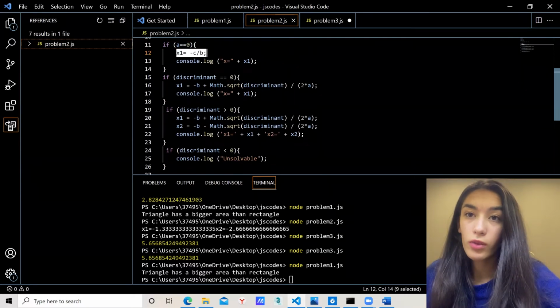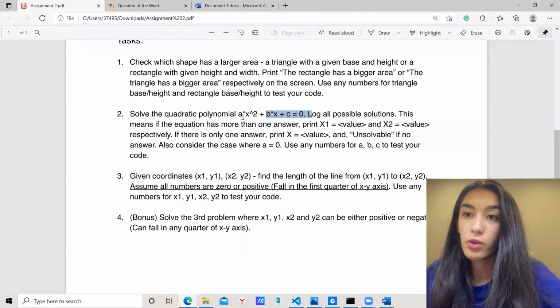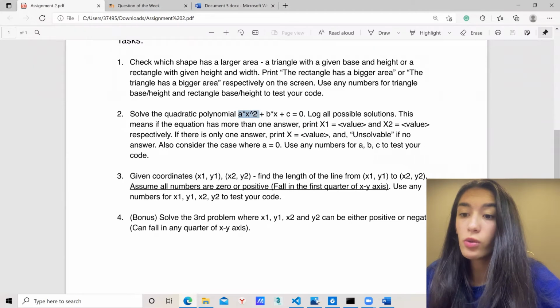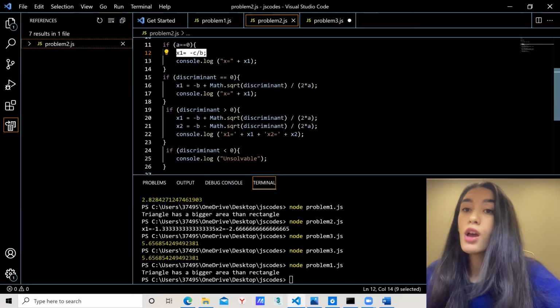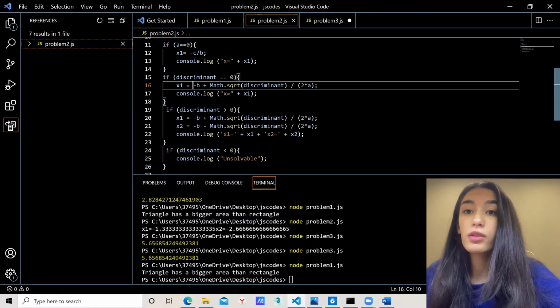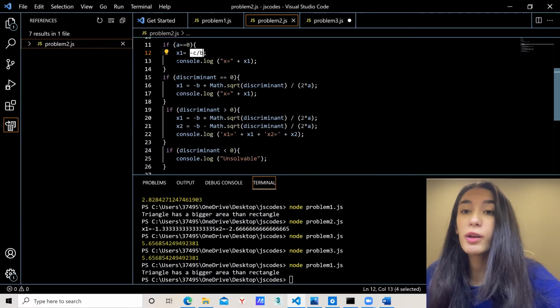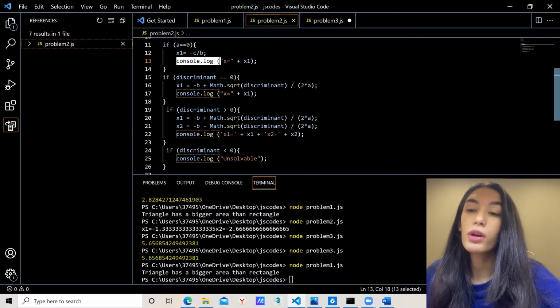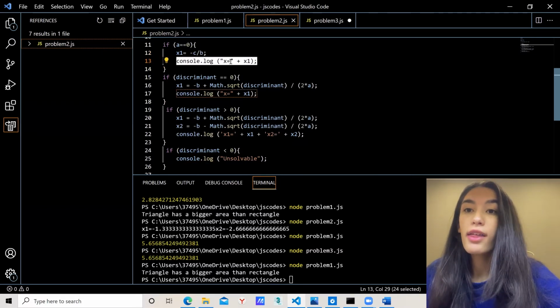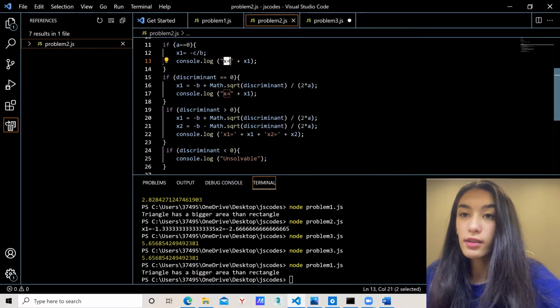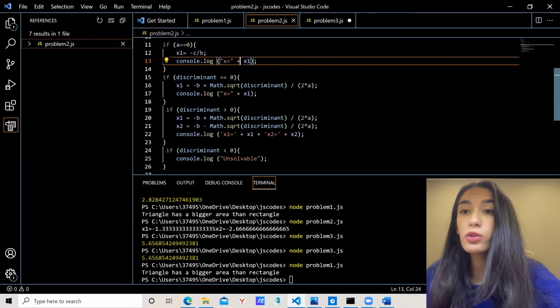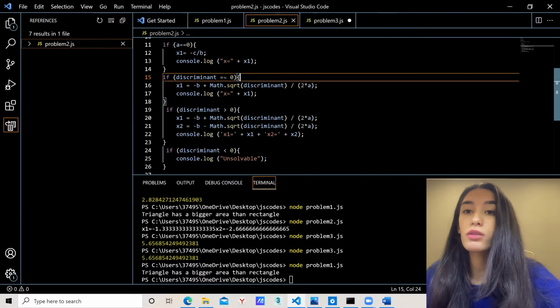We have already seen that when a is equal to 0, this cancels out, and we have only one solution for x, which is x1. Our only solution is x1, and it is equal to minus c divided by b. So in this case, we are telling the program to print that our x, the only solution, is equal to the value of x1.